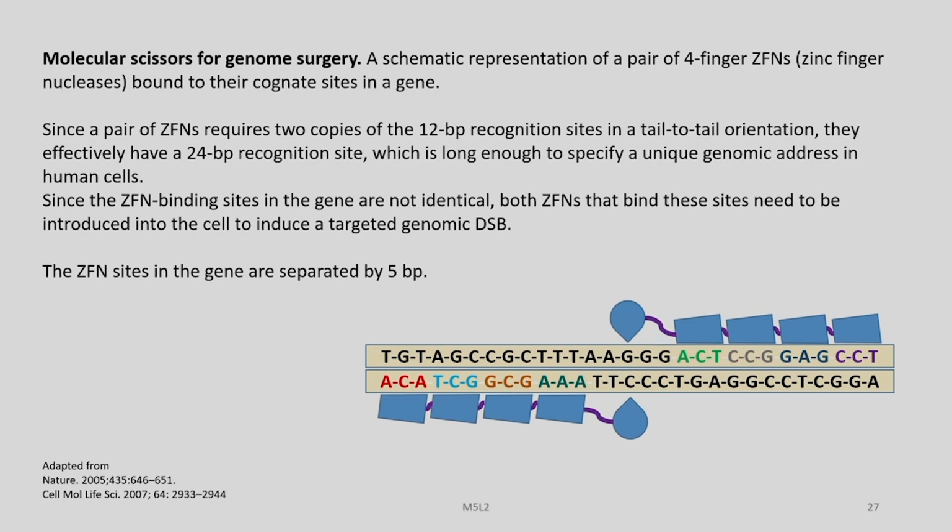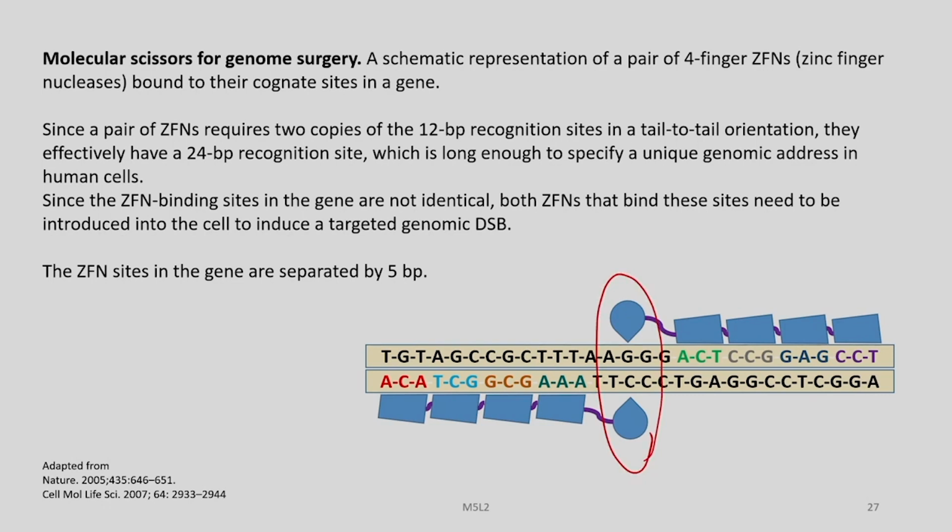So, we need to design for both the forward and the backward, or sense and the antisense strands, because these enzymes can act only if it is dimerized.